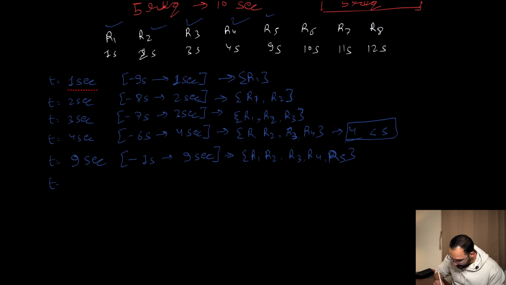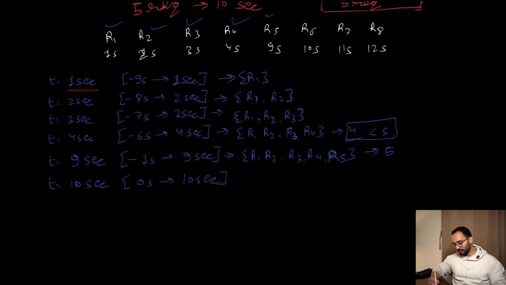Now at t equals 10 second, here is where it gets interesting. Our window is 0 second to 10 second, and our current request count is 5. In the window of 0 to 10 second, we are only accepting 5 requests, but R6 is coming at 10 second and our window is already full, so we will reject it.